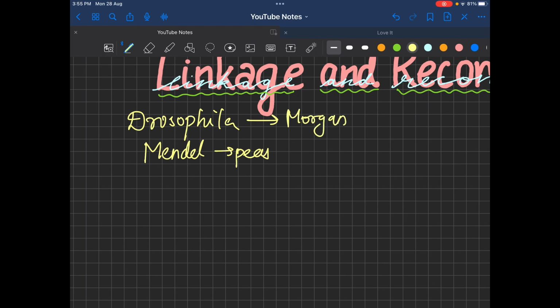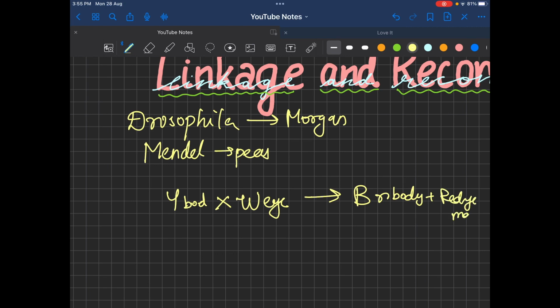Now for example, Morgan hybridized yellow body and white eye male to brown body and red eye female.